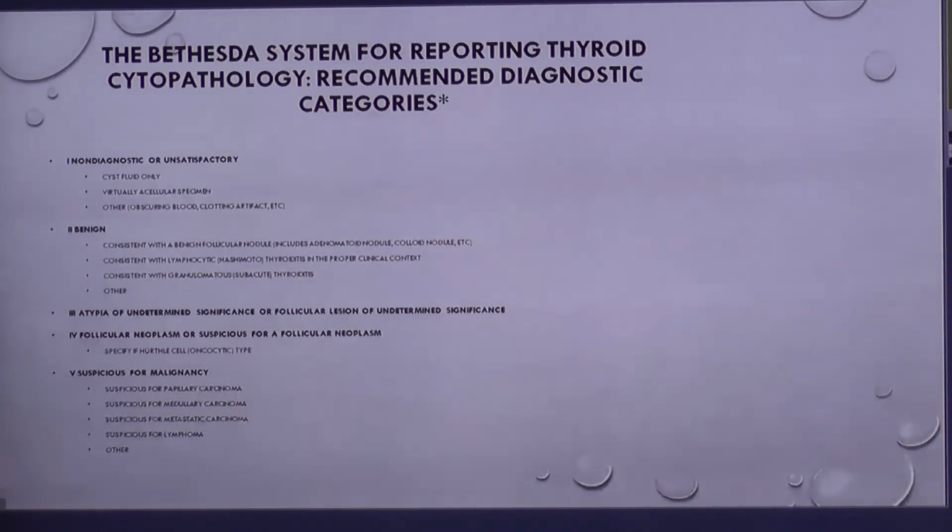Like when we get only cyst fluid or virtually acellular smear or other obscuring factors, then our report should be categorized as non-diagnostic or unsatisfactory. That is category 1. Similarly, other findings are also given here. According to that finding, the other subsequent grading category will be reflected in our cytology report.